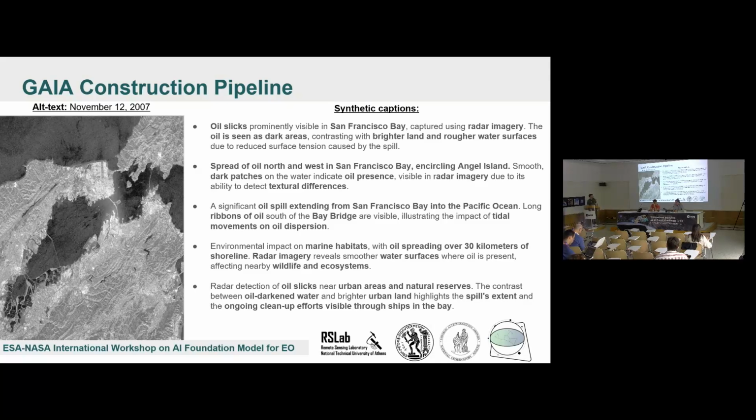So we can see one web scraped sample. We have the original image, which is a SAR image. We have the original alt text, which, as we already said before, fails to provide enough information about the image. In this specific case, we have only the capture date of the image. And next, we see the synthetic captions we generated.